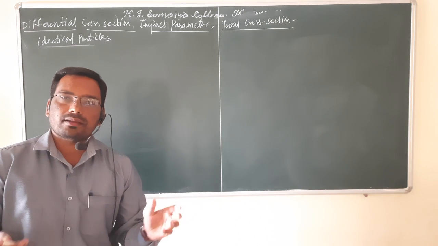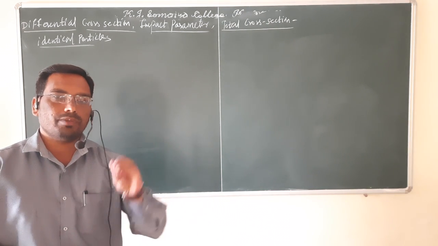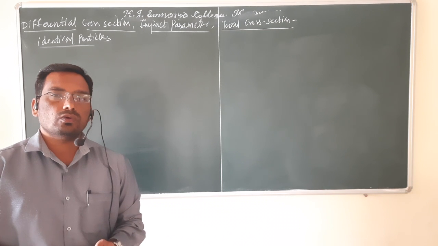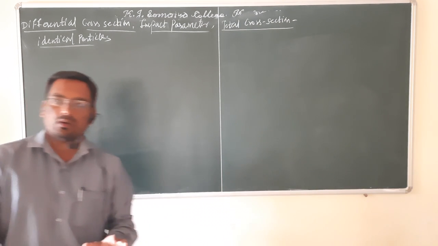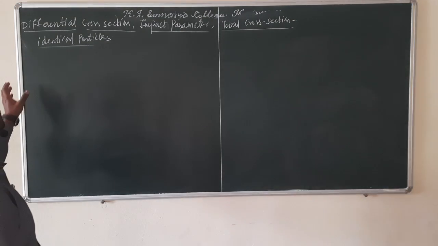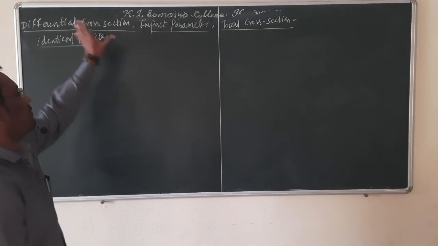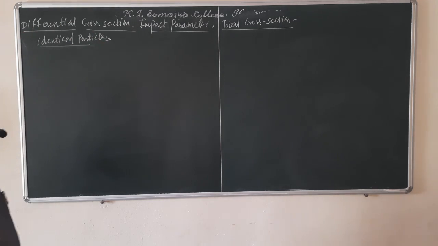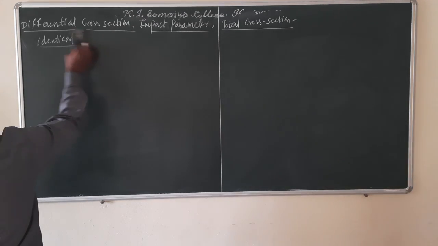Out of those 10,000 particles, not all are scattered in that particular direction. So we have to talk in terms of probability, and discuss it by taking into account a differential cross section. First of all, we are going to study what is meant by differential cross section.